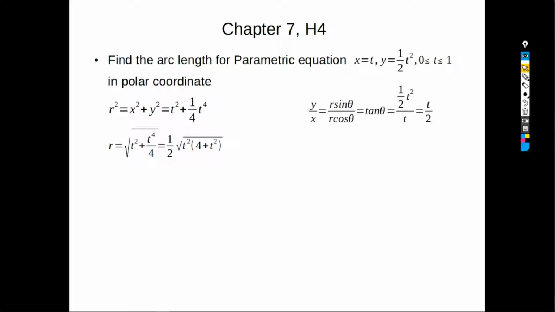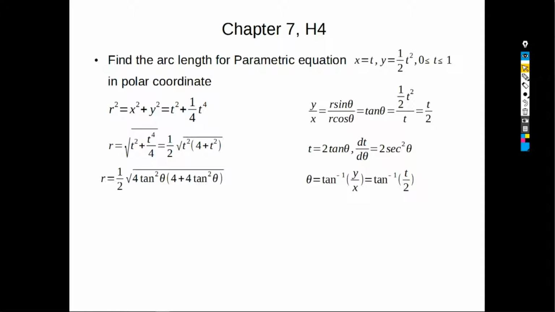Now we need to find t, so we find y over x equals tan theta, which equals t over 2. t therefore equals 2 tan theta, and dt d theta equals 2 secant squared theta. Theta therefore equals arctan of t over 2.